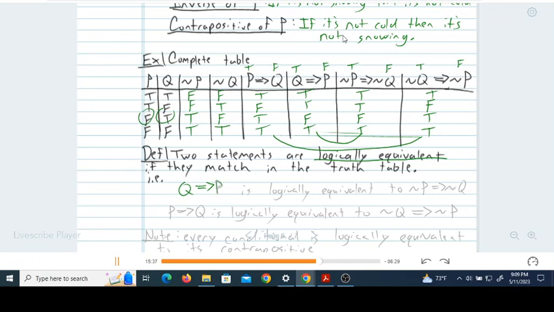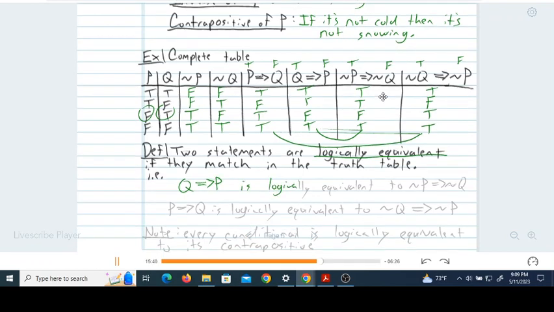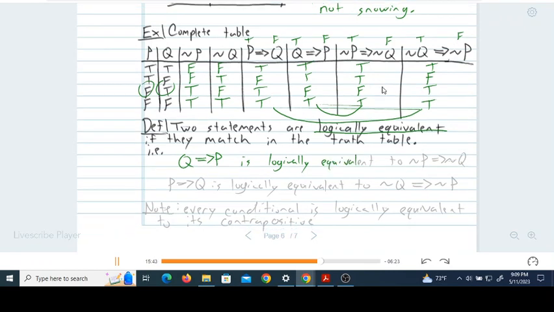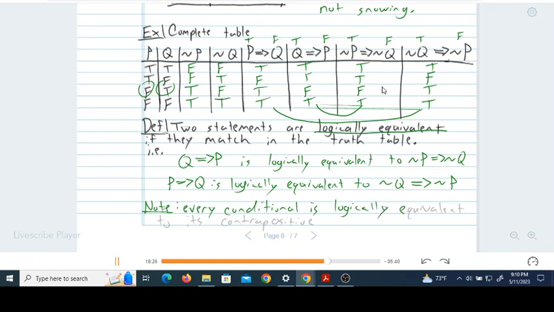So Q implies P is logically equivalent to negated P implies negated Q. And we also can see P implies Q is logically equivalent to negated Q implies negated P. In other words, every conditional is logically equivalent to its contrapositive.